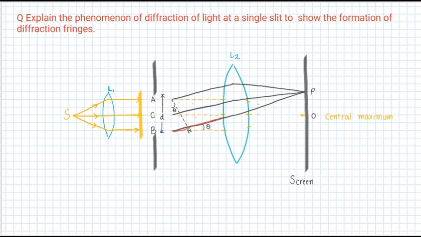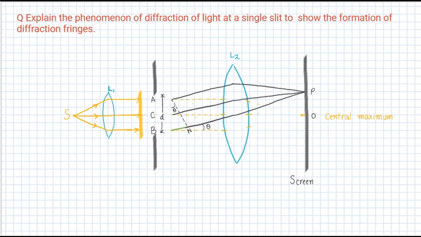So if you consider this distance and this distance, they are the same, equivalent. So the extra path traveled by the ray starting from the point B is this one, the one which I have drawn with the green pen. Can you see? This is the extra path traveled.